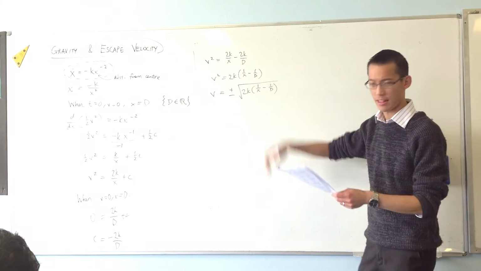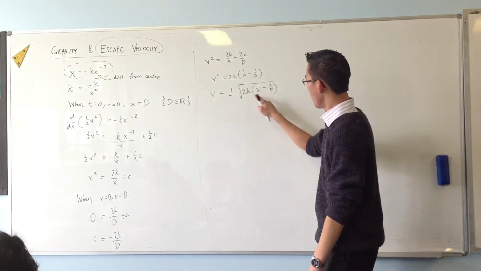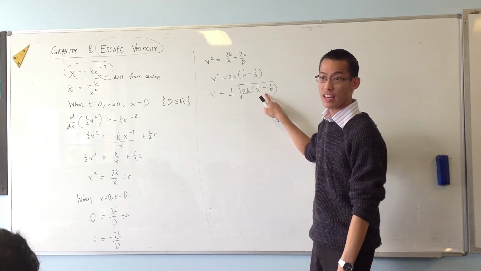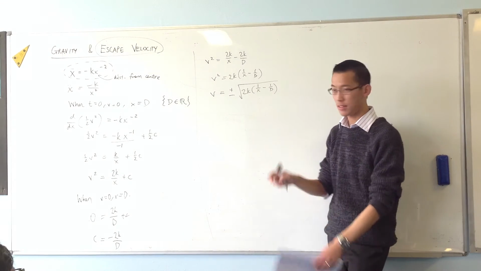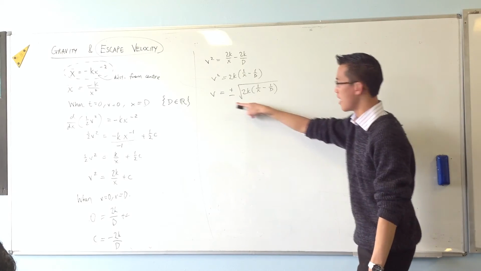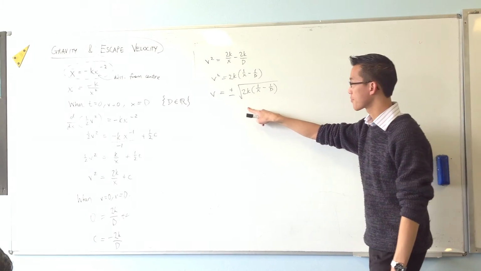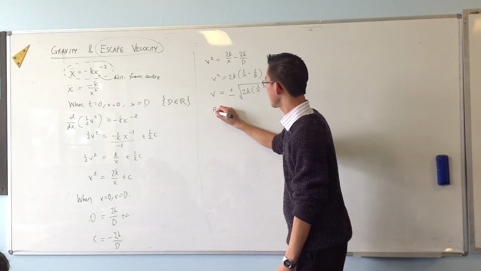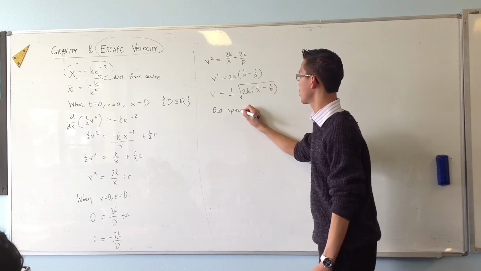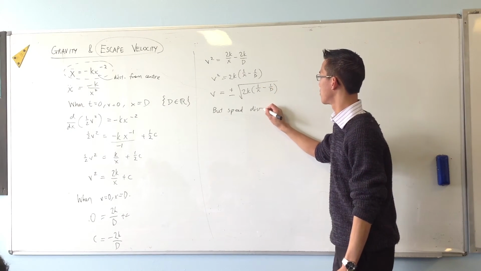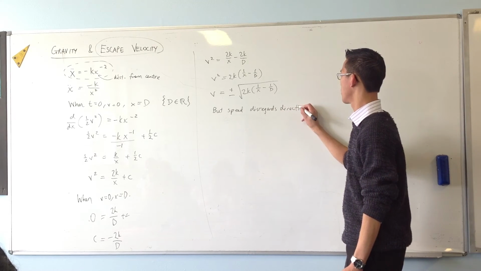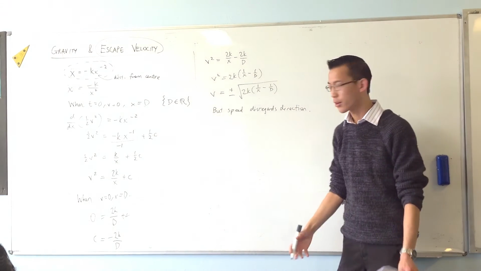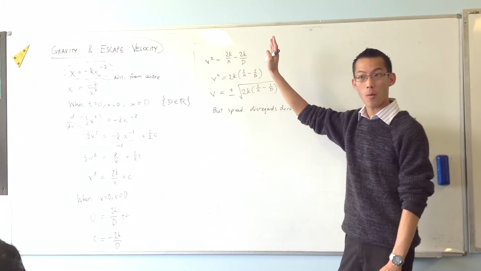Okay, am I missing something? Oh no, I just haven't added them together, right? Now, when you combine these two fractions, you get them on the common denominator. That's going to explain what you see under the square root there. But importantly, right? Here, I've got my equation for v, right? But speed disregards direction. Okay? So, I can actually forget about whether it's plus or minus.